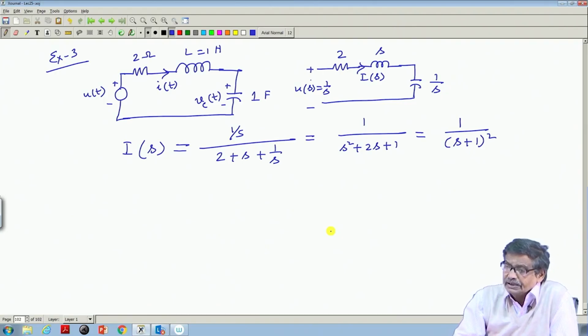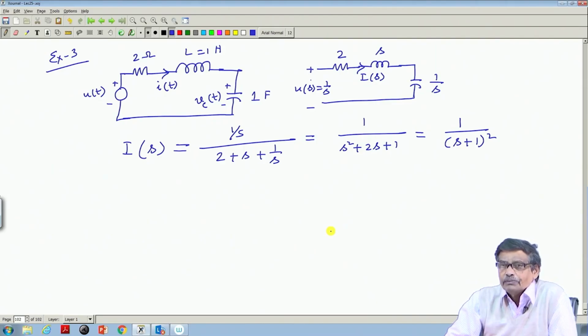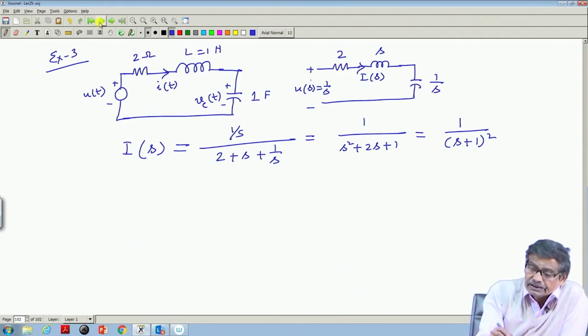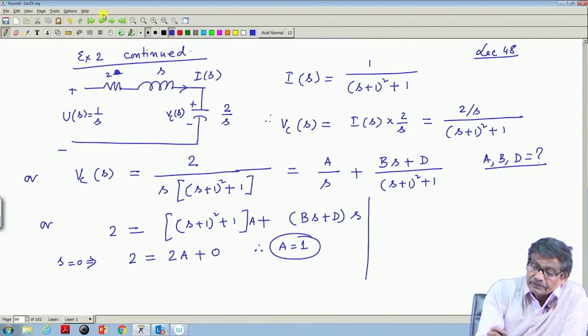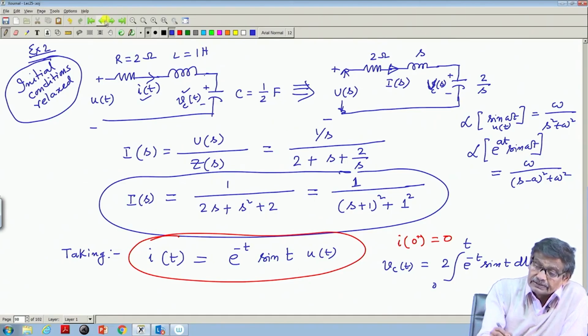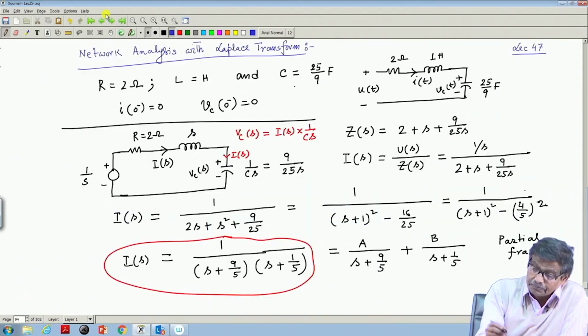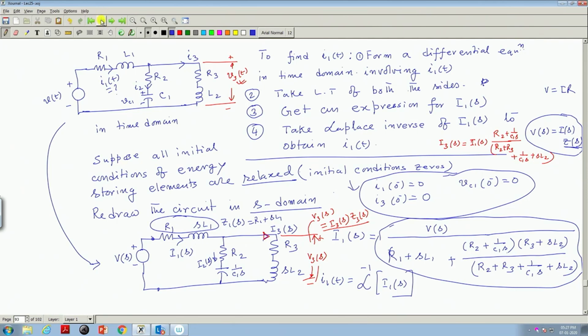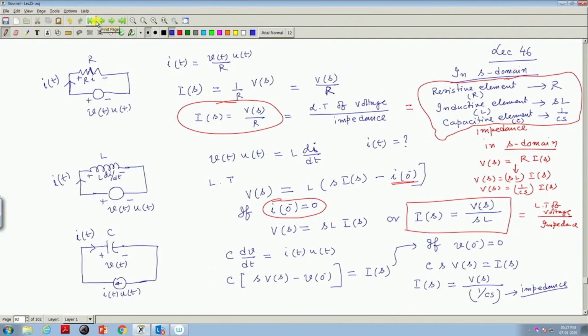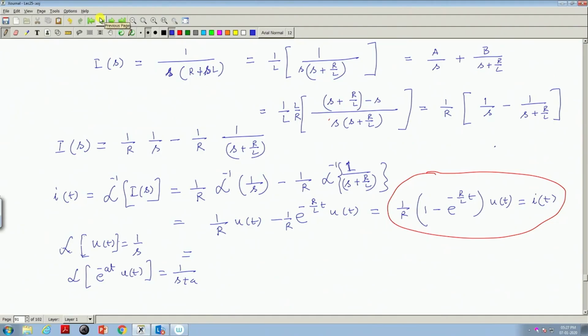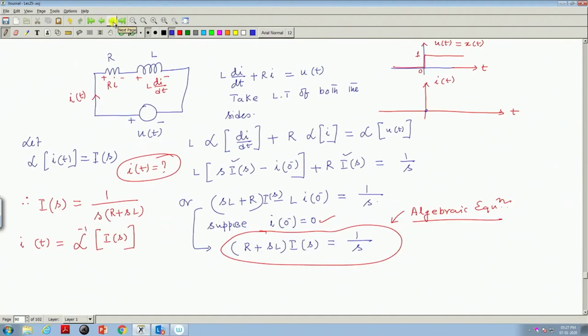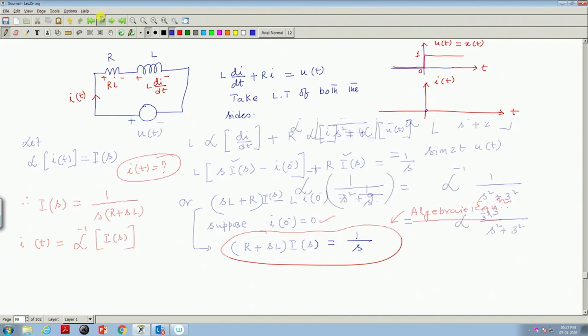What will be the Laplace inverse of this, whose Laplace transform is 1 by S square? Go to some previous pages where we discussed the standard formulas, I forgot to bring that page actually.